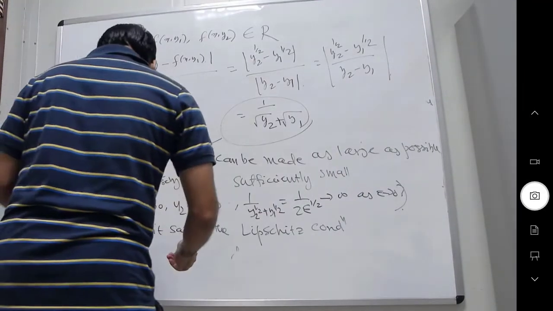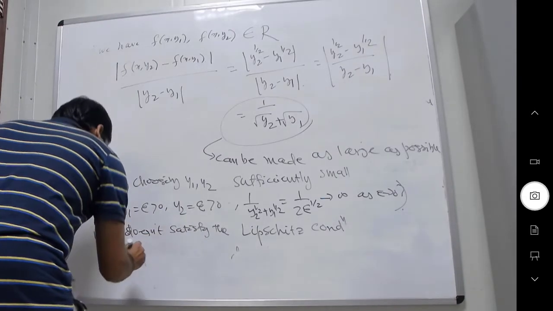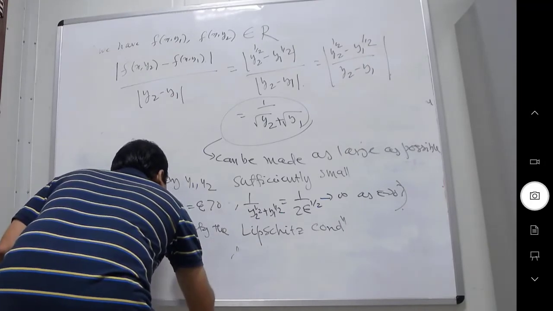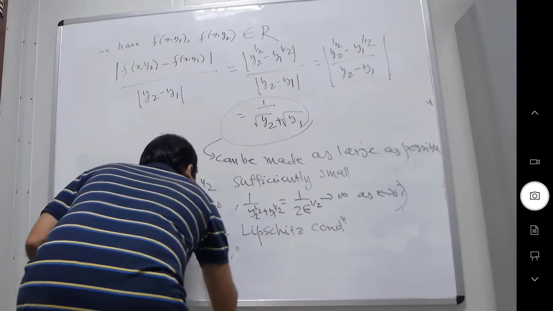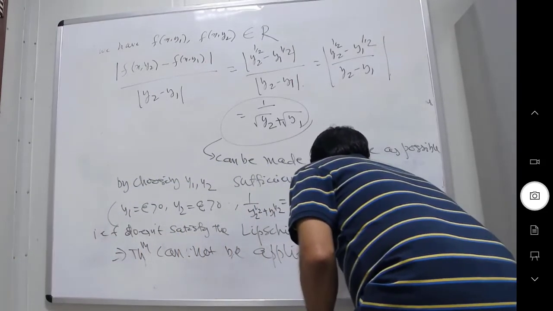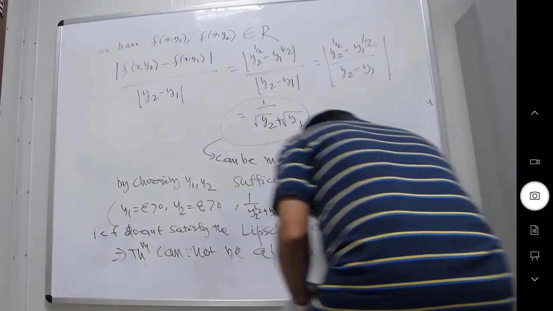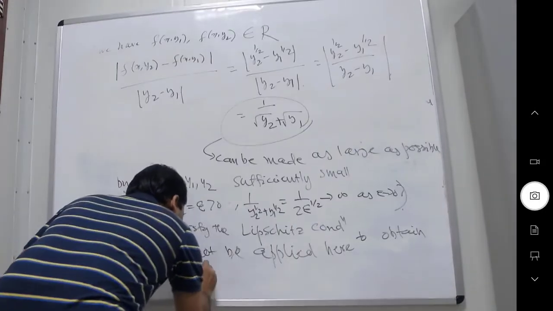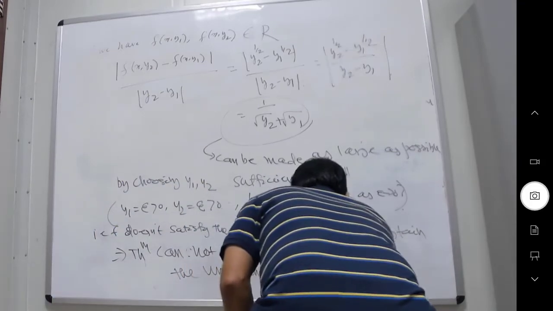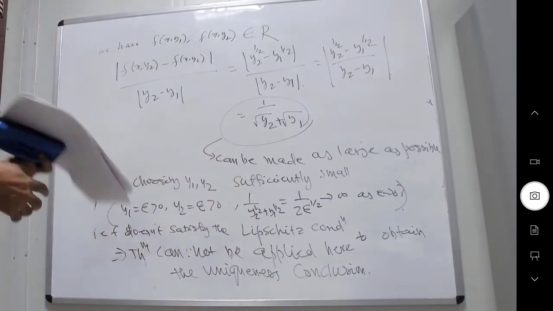Hence the theorem cannot be applied to obtain the unique solution. So the theorem cannot be applied here to obtain the uniqueness conclusion, right? The uniqueness conclusion. Am I correct?